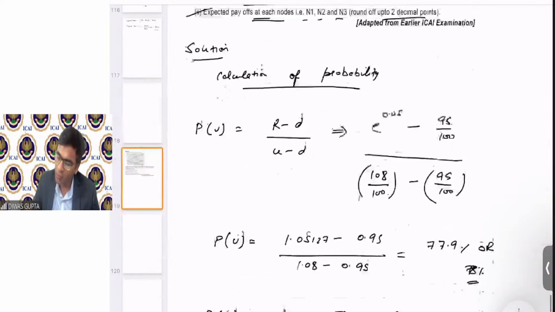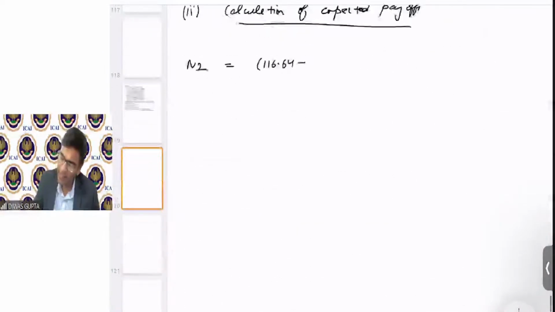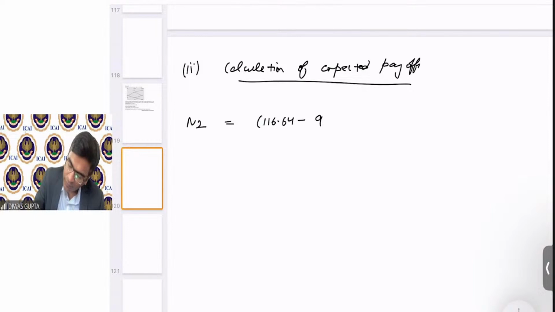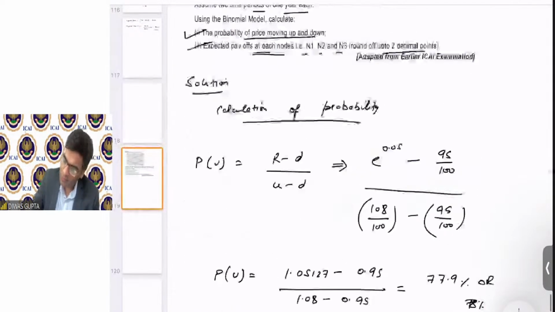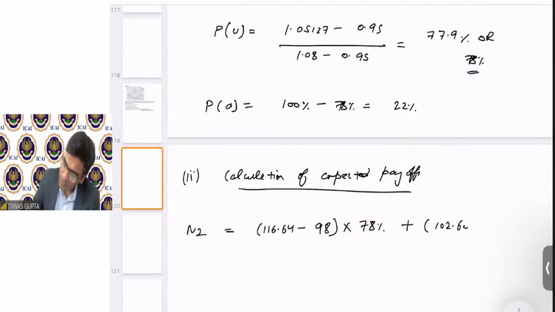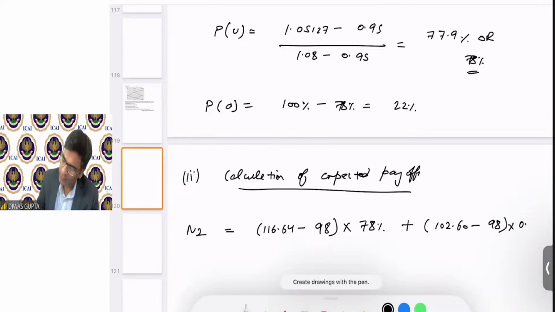Strike price was how much, students? 98. What is the probability? 78%. Plus 102.6 minus 98 into 0.22 or 22%.